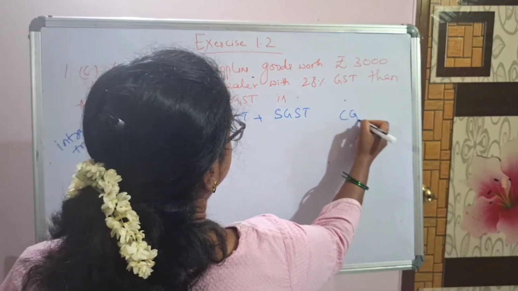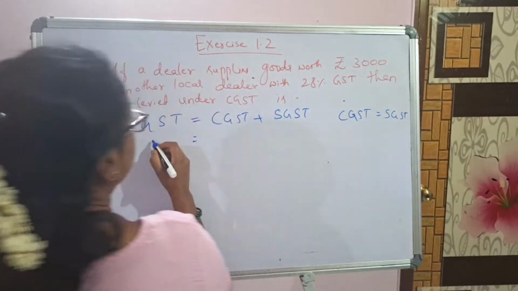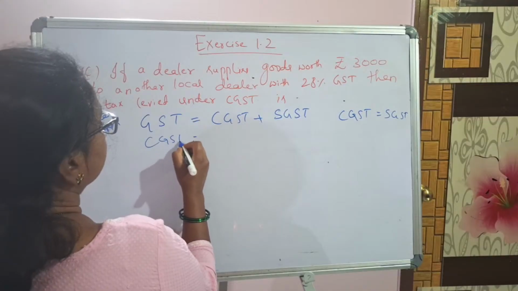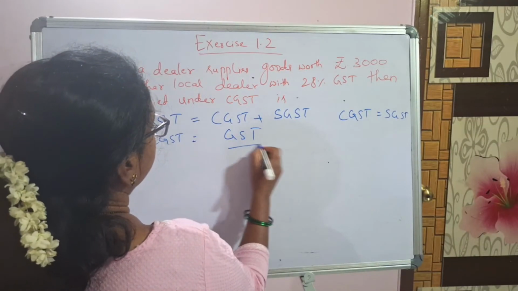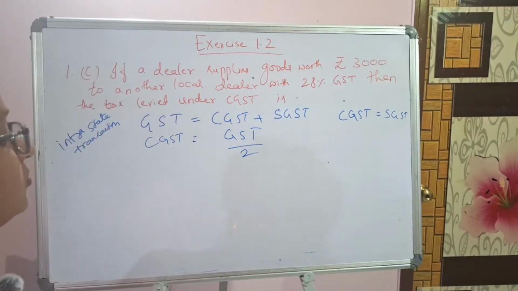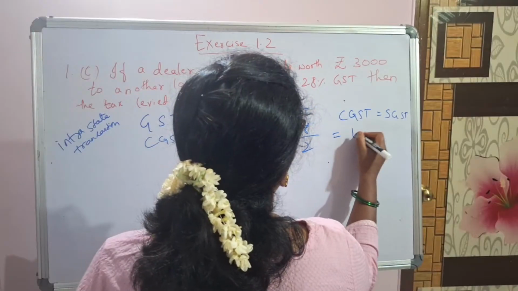Here CGST is equal to SGST, and CGST is equal to GST divided by 2. That means 28 divided by 2, which is equal to 14%.